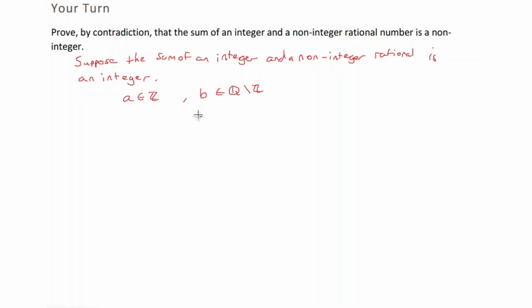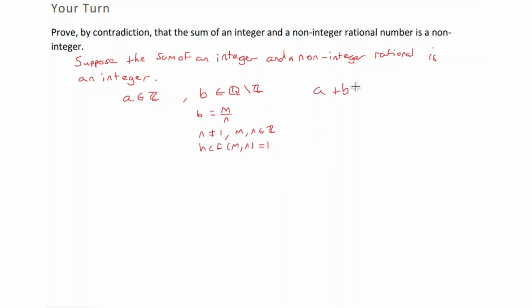What that means is that b is equal to m over n, where n is not equal to 1. m and n are integers because it's a fraction, and also that the highest common factor of m and n is equal to 1, supposing that we've written this in the simplified version.